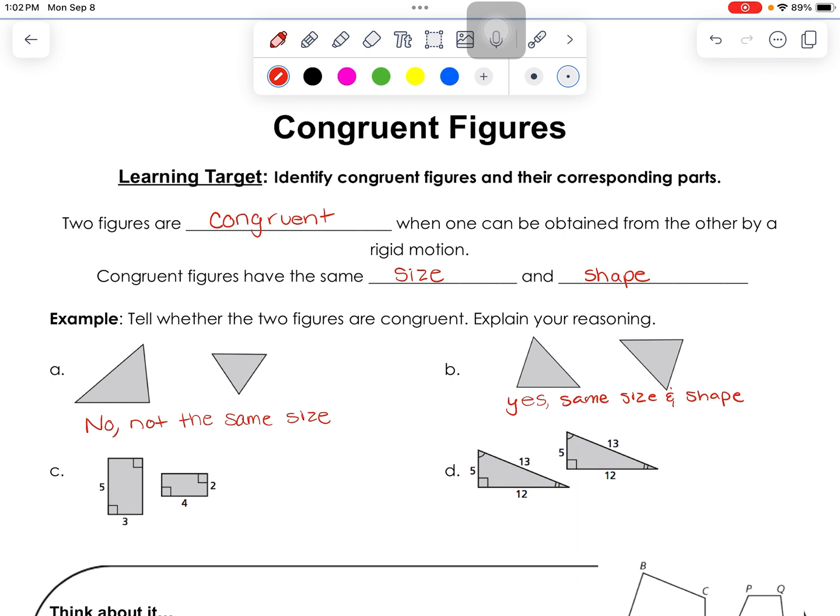C, these are the same shape, but they're different sizes. So the answer would be no. And then the last one, we can see those are the same shape and the same size, so that would be yes.